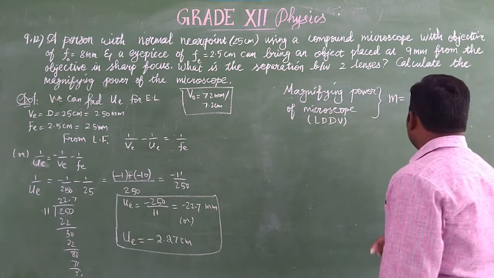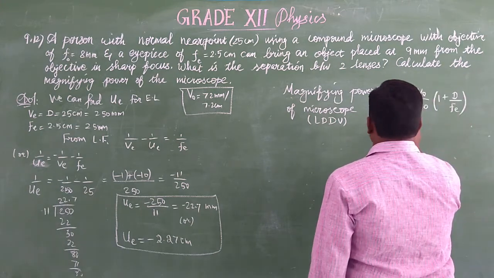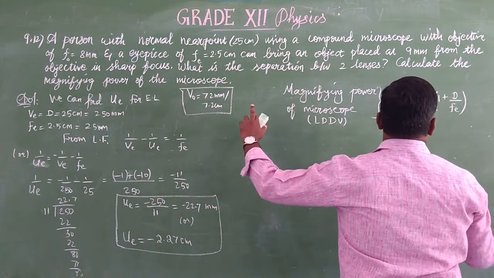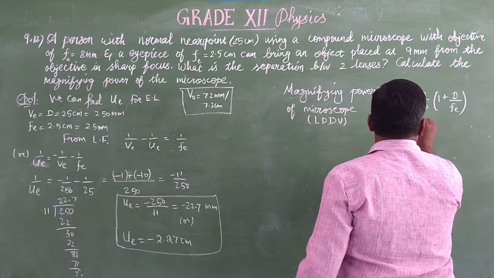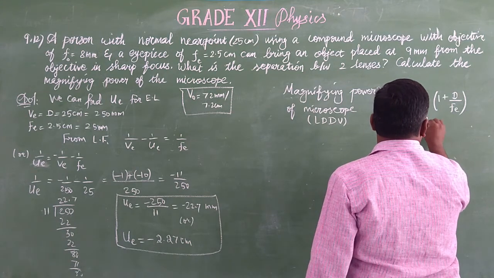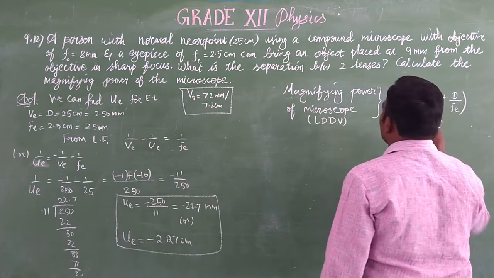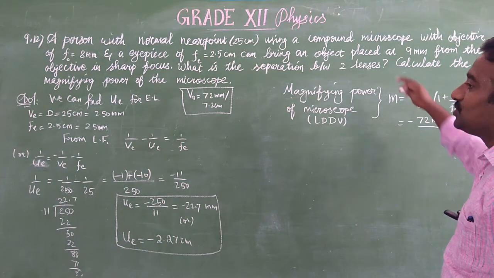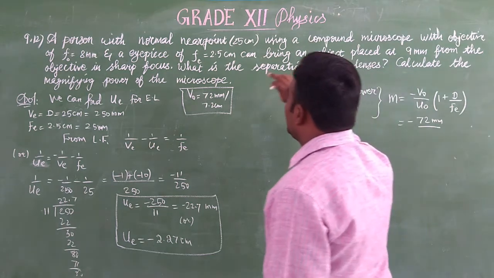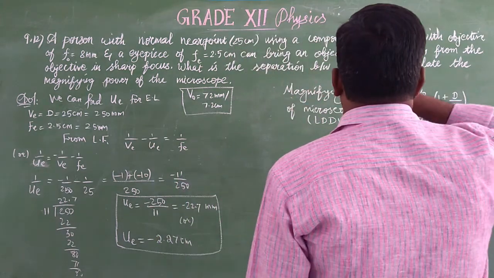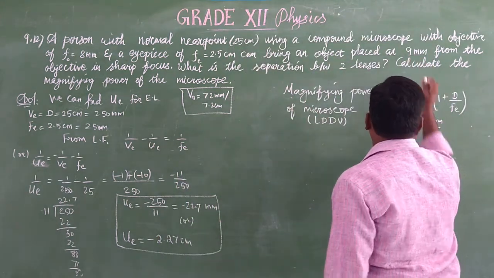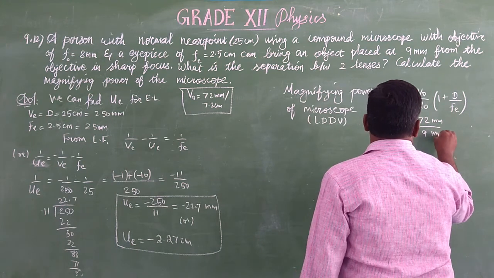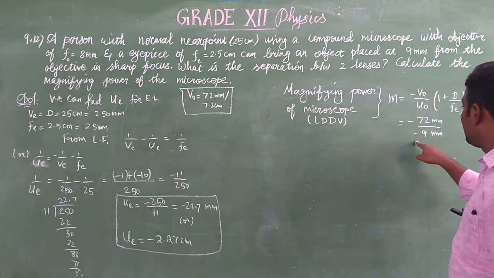We know all the values, so we can substitute directly. Minus 72 millimeter divided by the object distance. How far is the object placed? The object is placed at a distance of 9 millimeters, minus 9, because according to the sign convention it is on the left-hand side, so minus.